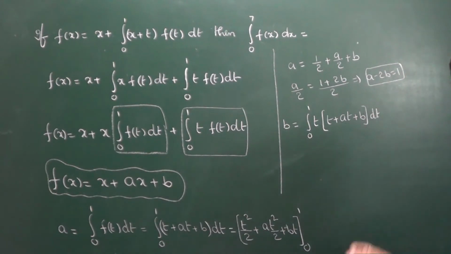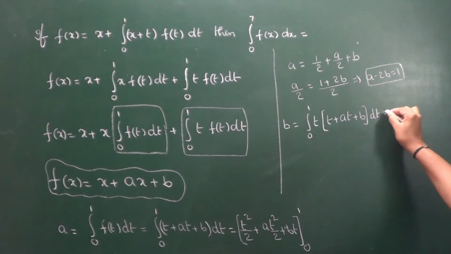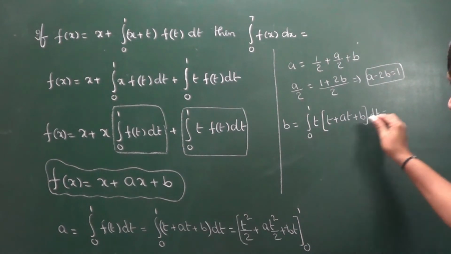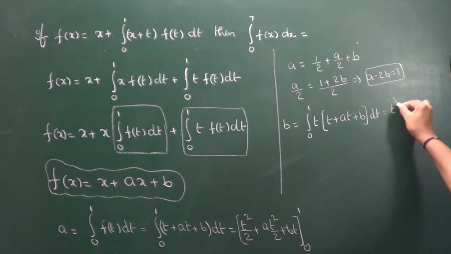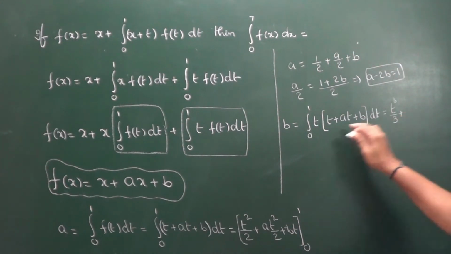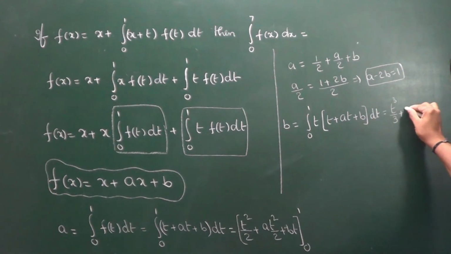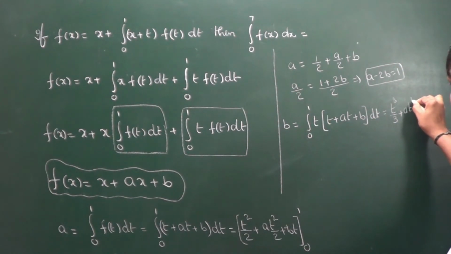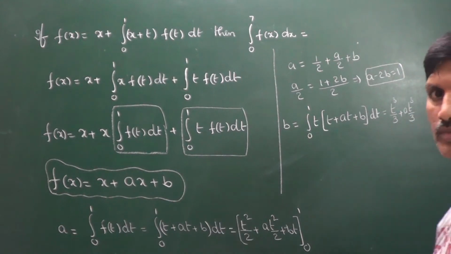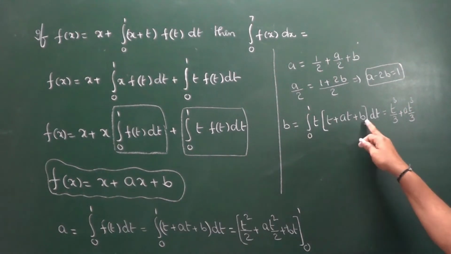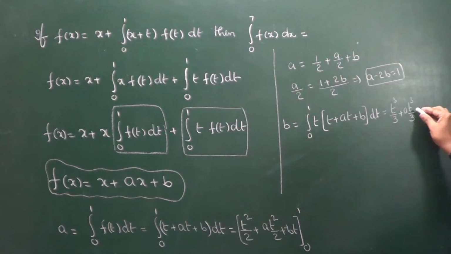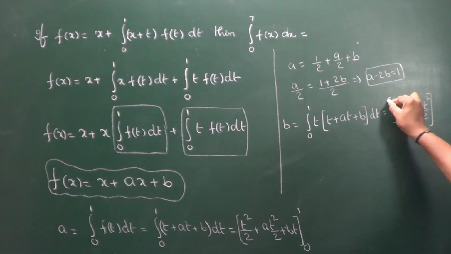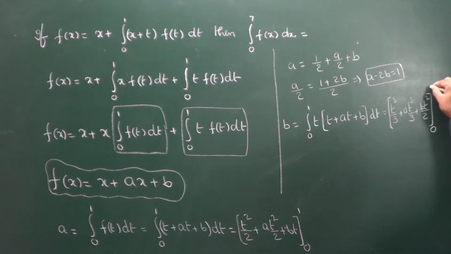So that we can write further as, after integration, t square integration is t cube by 3, plus again a t square integration is a into t cube by 3. Next multiply with the t, it becomes b t square by 2, with the limits from 0 to 1.